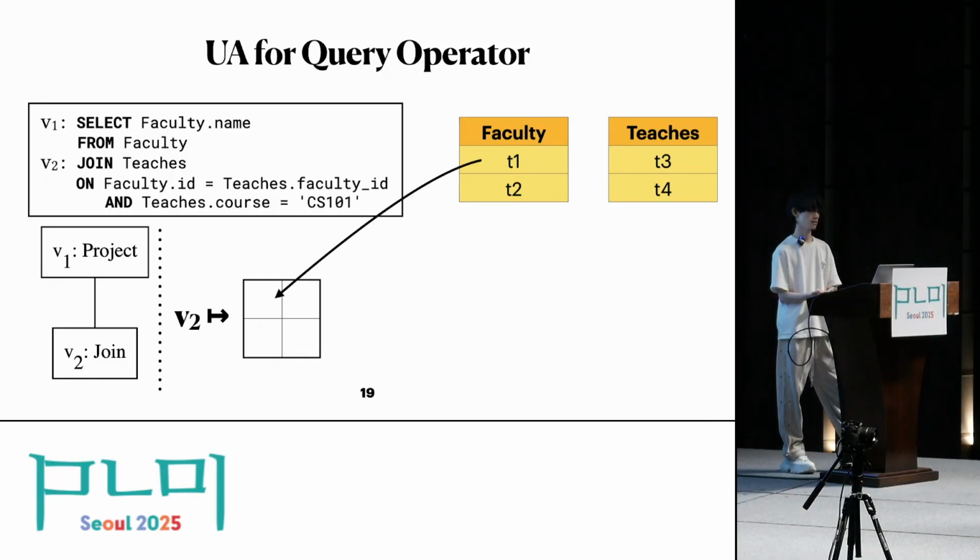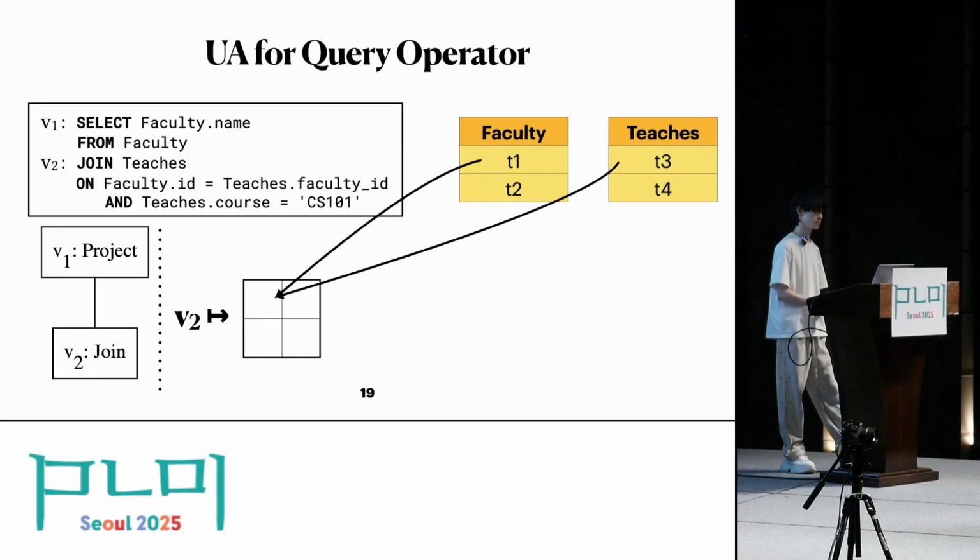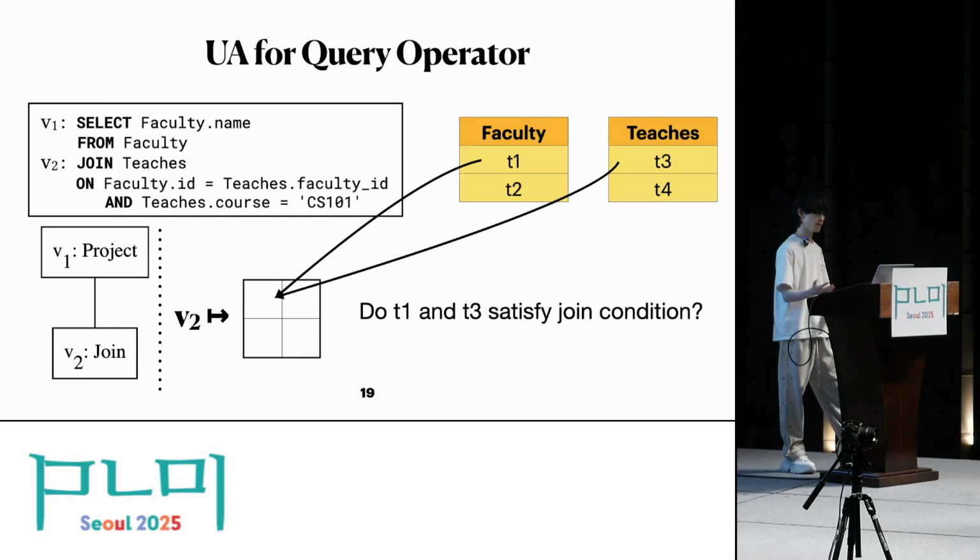For instance, the top left element of the matrix corresponds to T1 from faculty and T3 from teachers. Each matrix element controls the join behavior of the pair of tuples, which indicates whether the corresponding tuples satisfy the join condition or not.